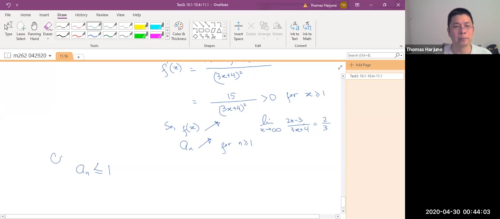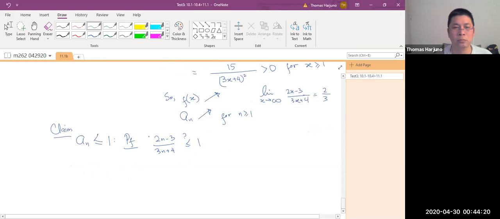Okay, claim. The proof. Is 2n minus 3 over 3n plus 4 always less than or equal to 1? That means 2n minus 3 is less than or equal to 3n plus 4. Notice that my n is greater than or equal to 1, right?